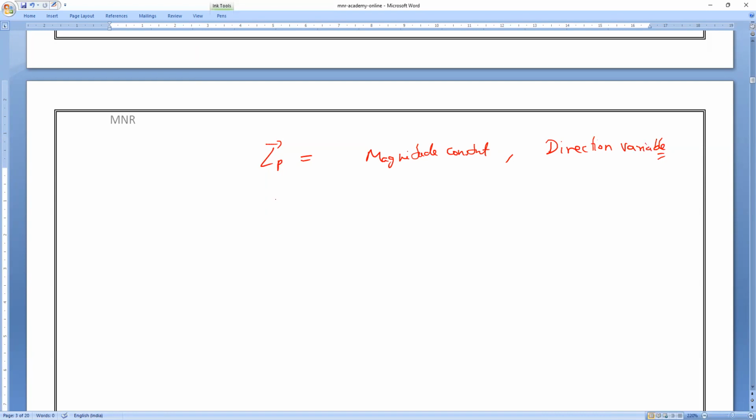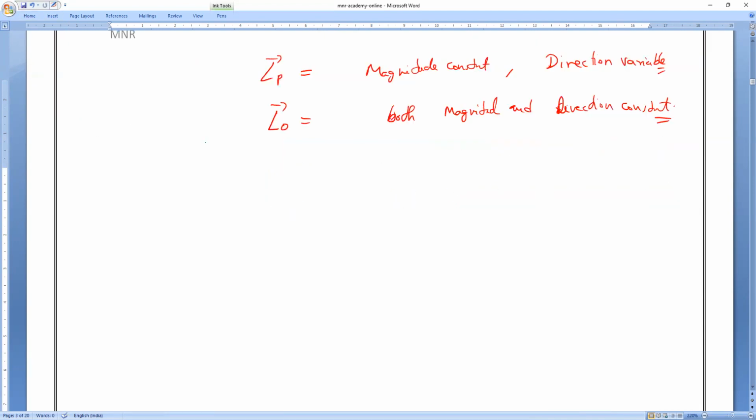But if you take angular momentum about the origin point, both direction and magnitude remain constant. So very important concept this is. Please all of you remember.